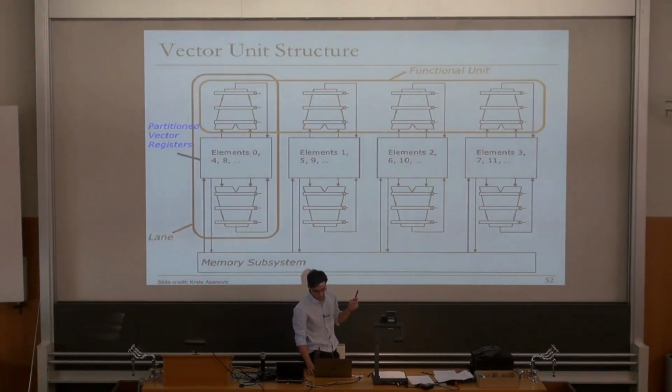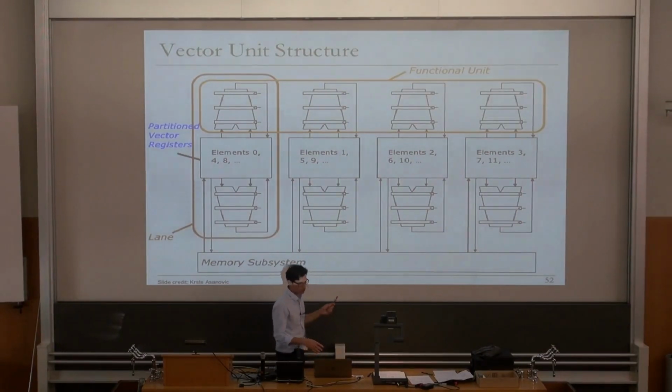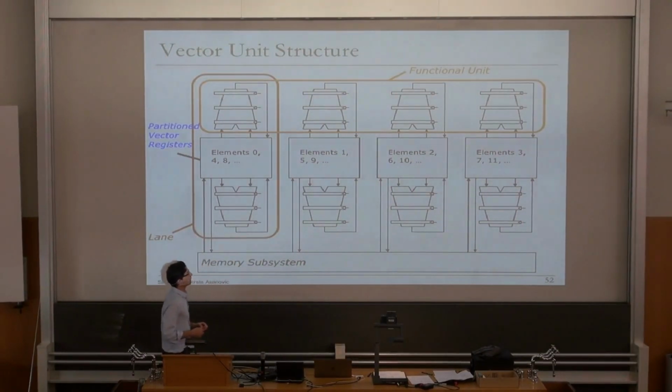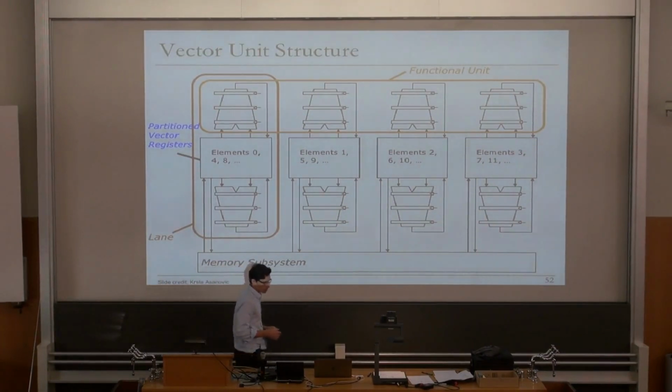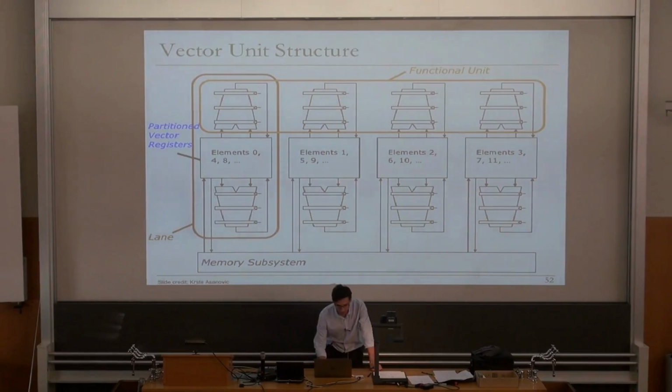Okay, and if we take a closer look at these functional units, what we will see is that they look like this. This would be the vector unit structure. You see different functional units. Maybe this one corresponds to addition, let's say, and this one corresponds to multiplication. And observe that the source operands for these functional units are coming from some register file where we have the vector registers.